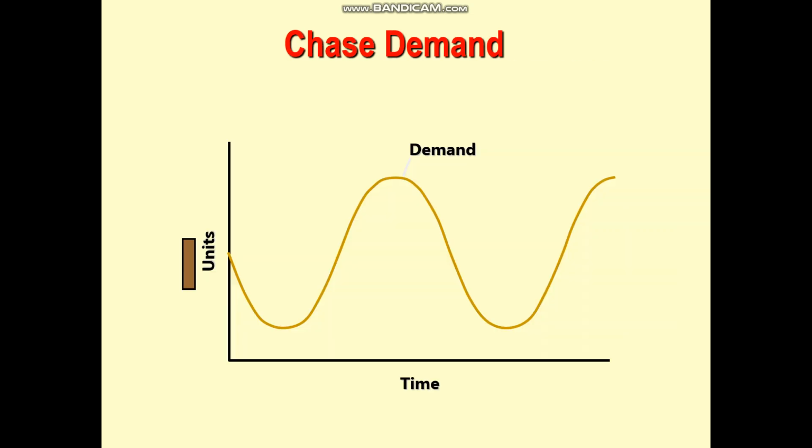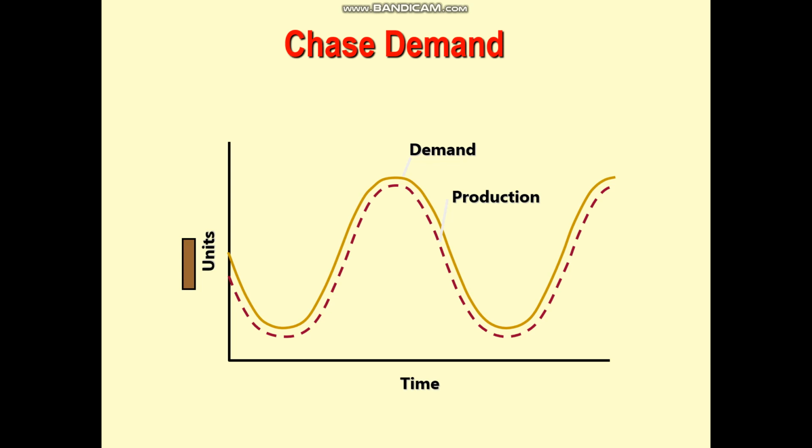And we have the second strategy, which is chase demand. So what is chase demand? We also have the line for demand, same as the previous figure. However, for production, they will produce following the demand. Earlier the demand changed across different periods, but they kept the level of production the same, that is 100,000.